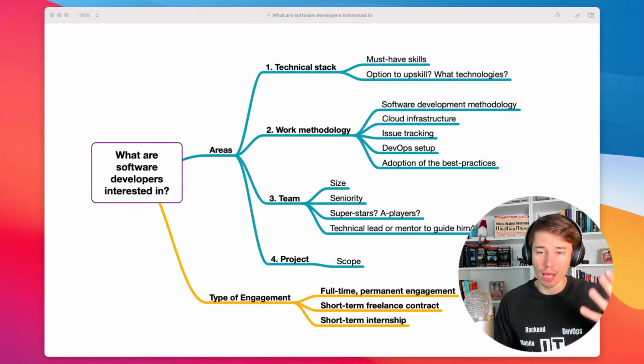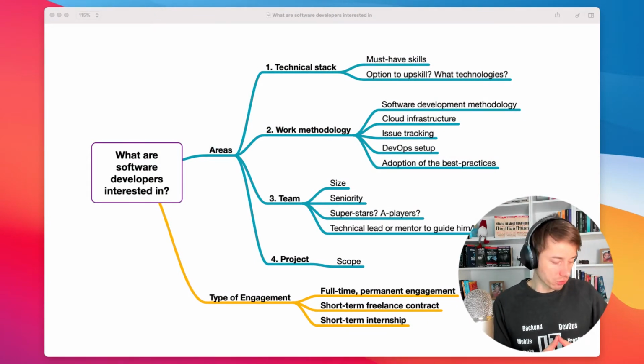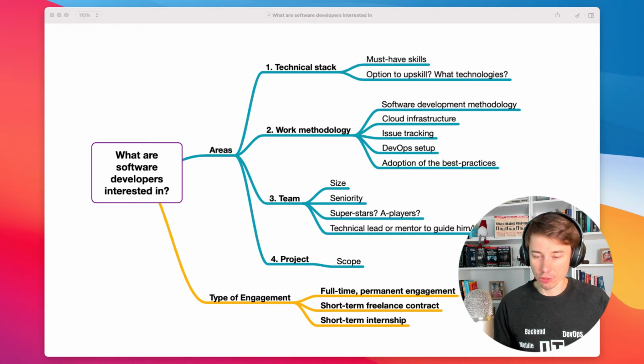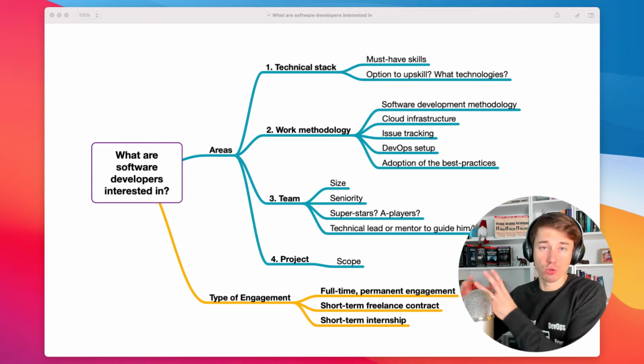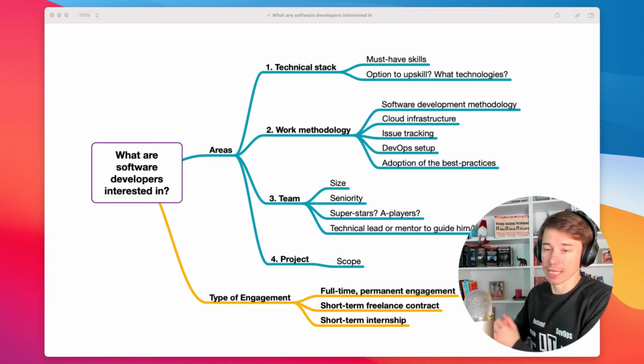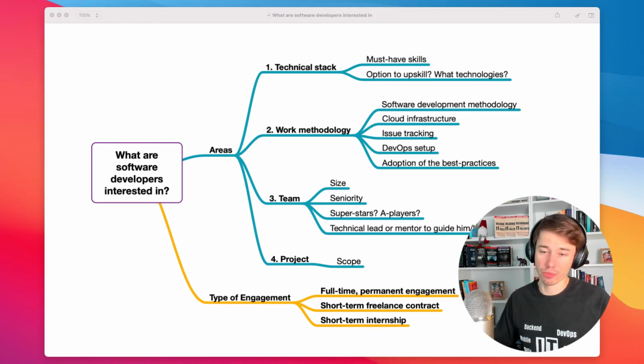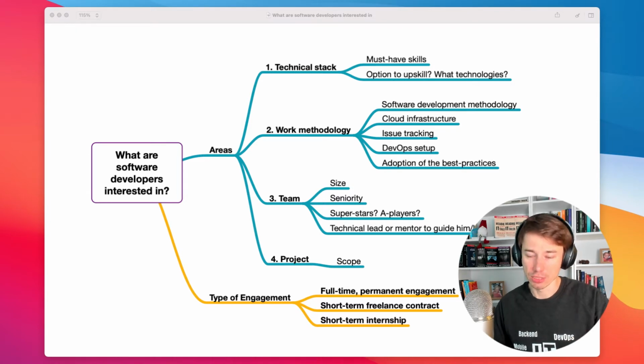And number 4, the project. It's not just about responsibilities or requirements, qualifications, but we need to sell the project to the candidate so he or she would get interested in working with the team, with the company on that particular project. So what's the scope of the project? Why is the project interesting?